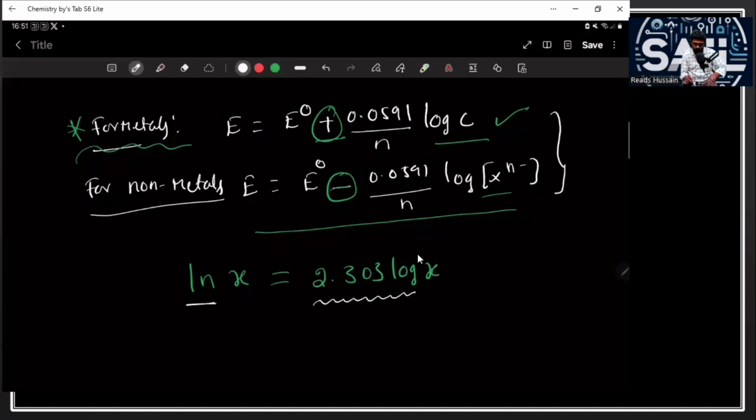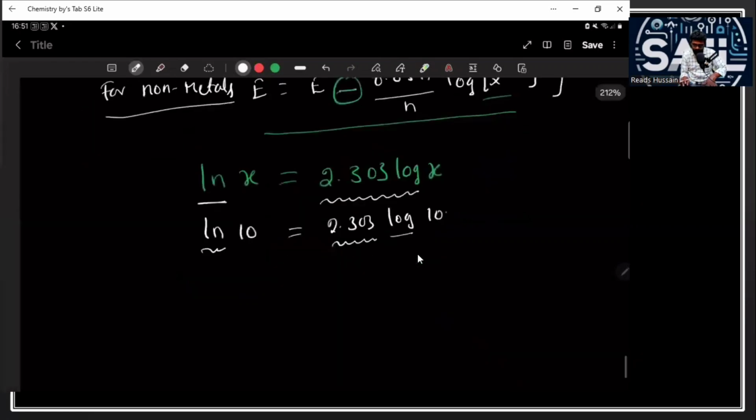2.303 log. One more question to you. Please convert ln 10. Ln 10 is equal to what, in terms of log? 2.303 log 10. That means ln can be converted to log by multiplying with 2.303.